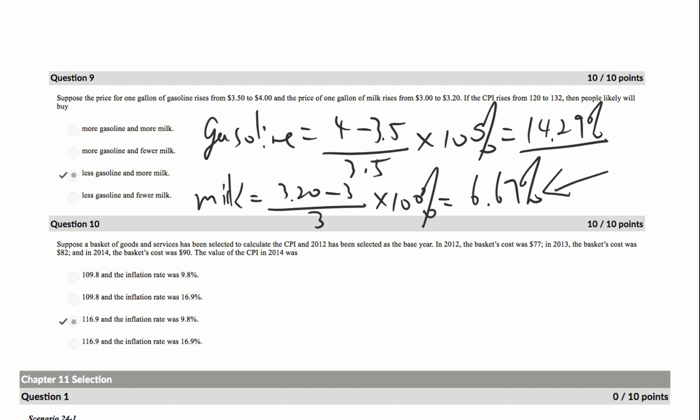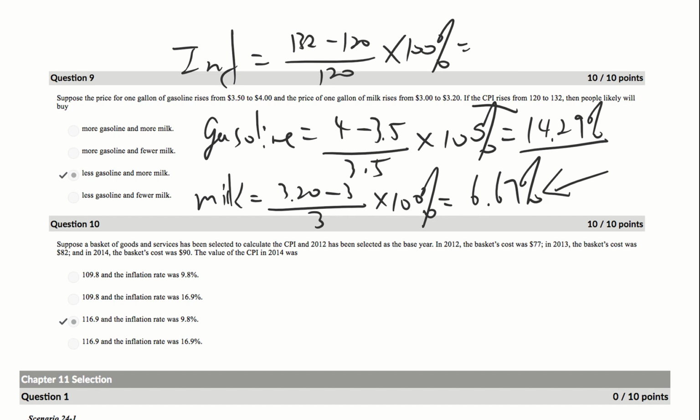And overall, the CPI inflation is going to be 132 minus 120 over 120 times 100%. So inflation overall is going to be 10%. All right, so which means that our gasoline is increasing more than inflation, but milk is increasing less than inflation.